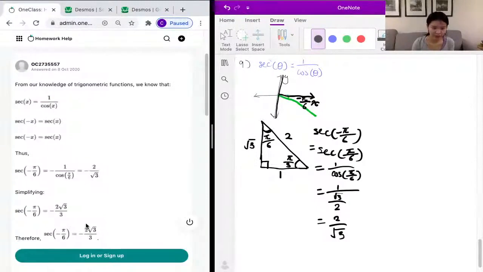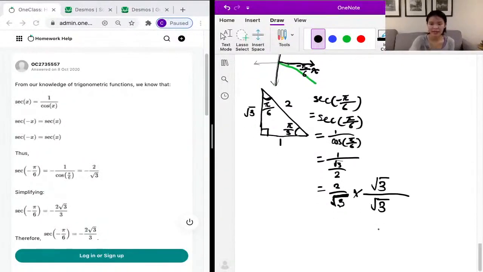You might be a little confused about where they got 2√3. Basically, the international standard is that a radical on the bottom is technically not in its simplest form, though people in Canada are fine with this. So we just multiply this fraction by 1, using √3 over √3, so that we can cancel out the radical on the bottom.